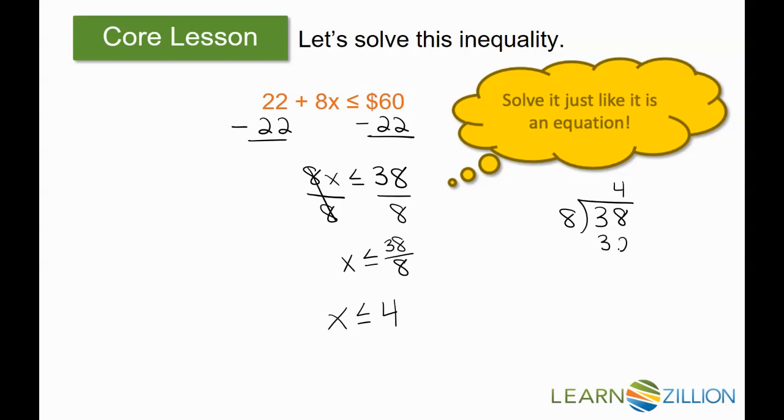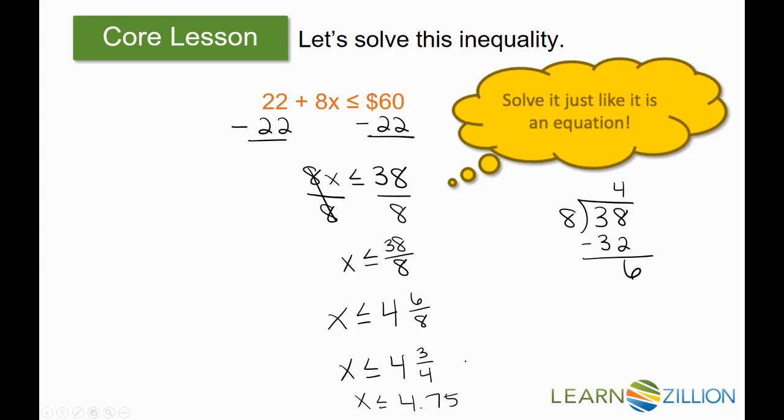I'm going to get 32 with a remainder of 6, right? Now my remainder of 6 is going to get me 6 over 8. So technically, x is less than or equal to 4 3/4. We can also put this in decimal form if you want. Here's another format.